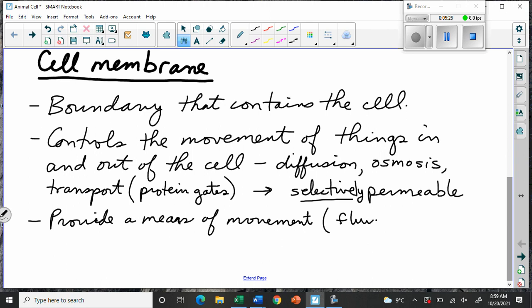It's fluid, which means it can ooze and shift and change its shape. And so the cell can literally cause extensions of the membrane to reach out. If you think about an amoeba, if you've ever heard of an amoeba, the way it moves is by extending its membrane and kind of oozing along. So the membrane has the ability to do that. It's very flexible and fluid. It also identifies the cell.